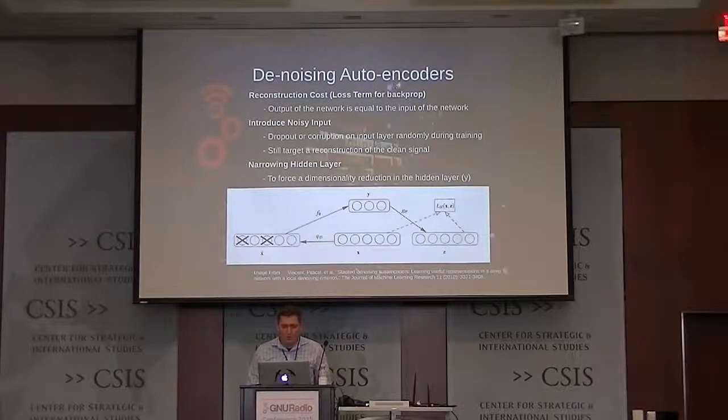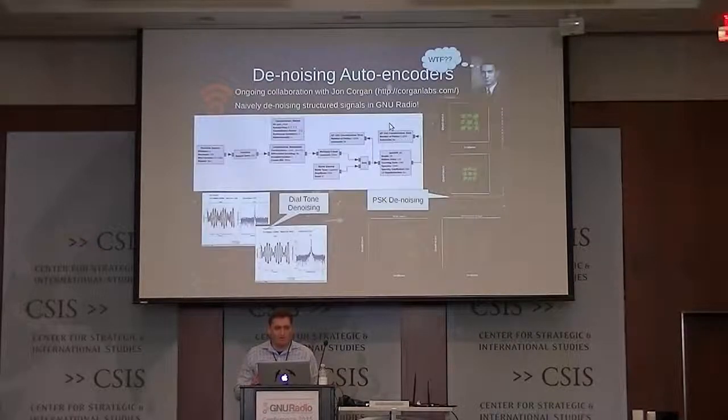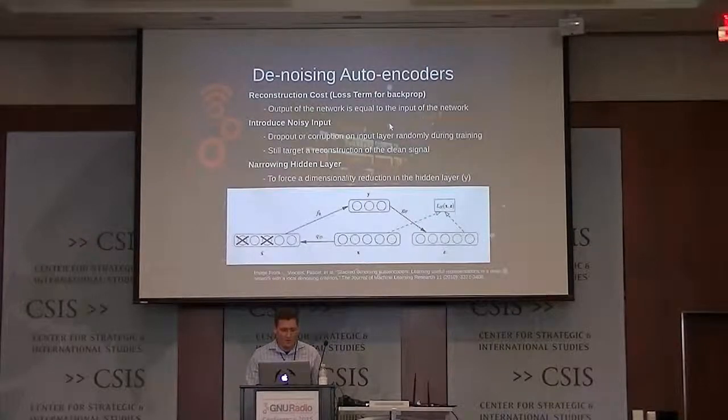So in a denoising autoencoder, the basic premise of how this works is that you're minimizing reconstruction cost. So you have this input training vector x, and this is essentially an unsupervised learning method, right? You don't have a class that you're training it to or some target value. What you're doing is you're taking x, you're corrupting it by noise, either throwing out samples or adding noise to those samples.